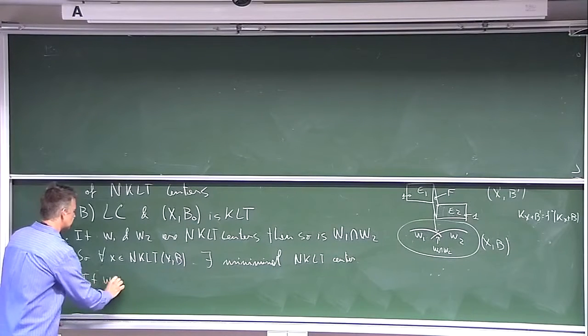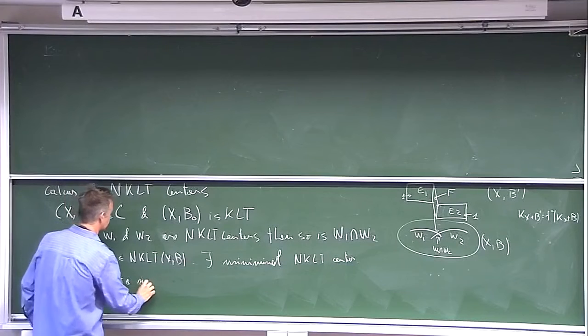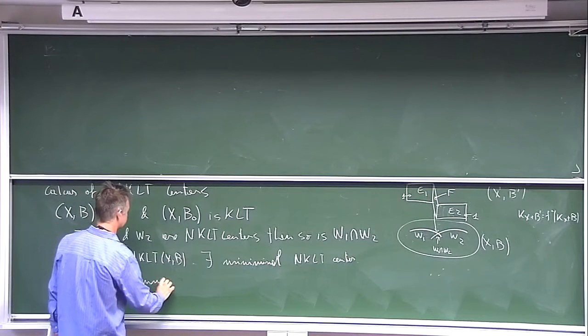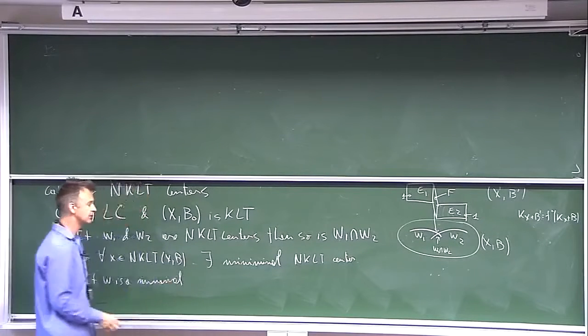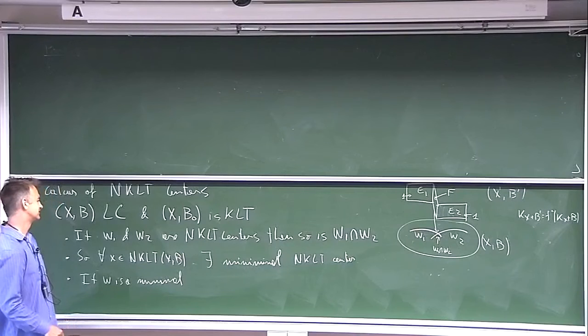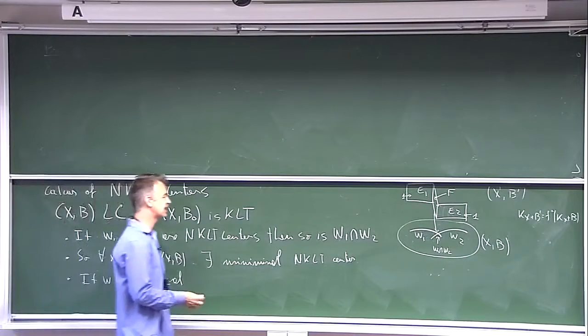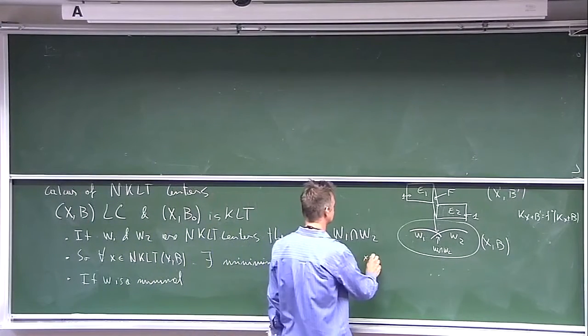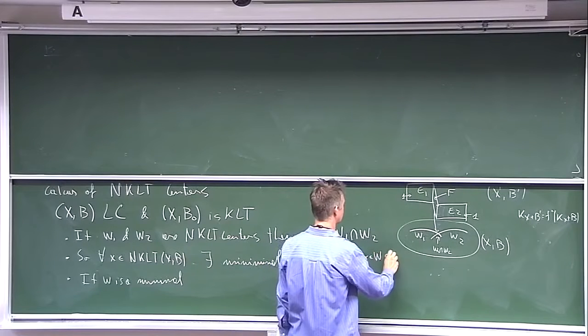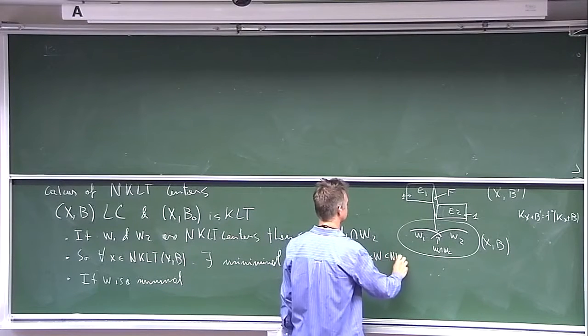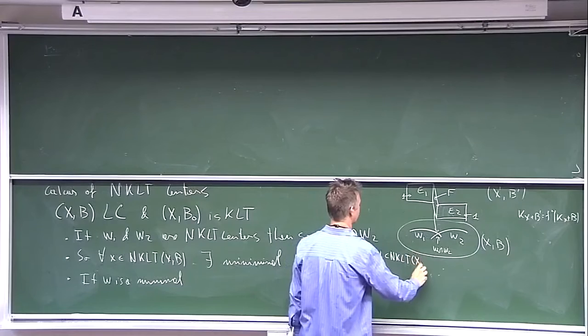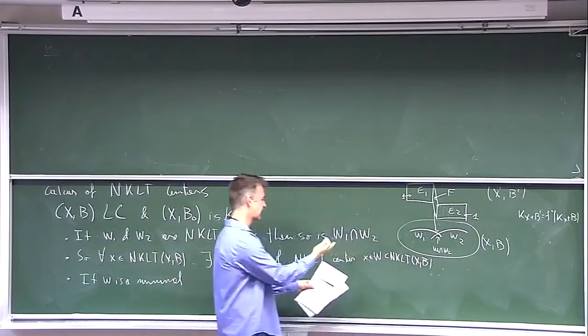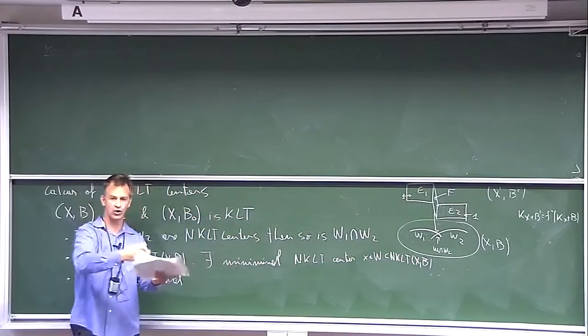If W is a minimal, I'm sorry, for any x there exists a minimal non-KLT center, x in W contained in the non-KLT centers of (X, B). So I mean a minimal non-KLT center going through that point.